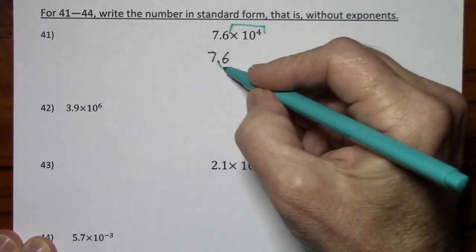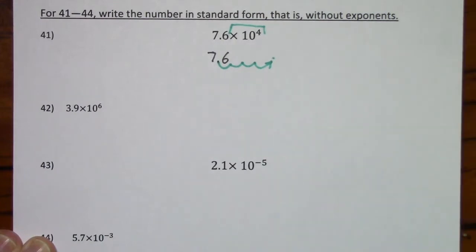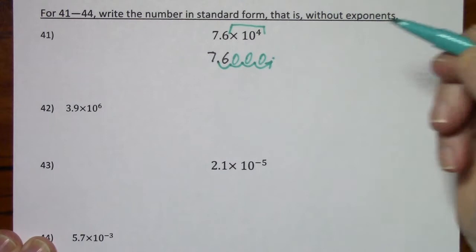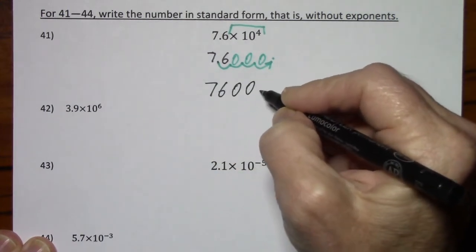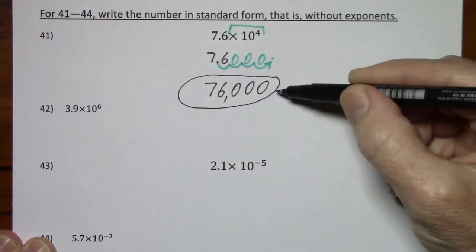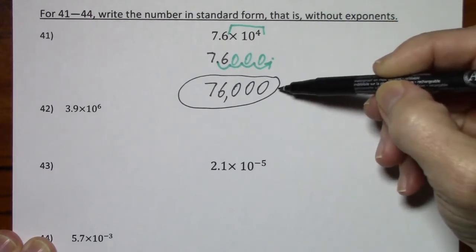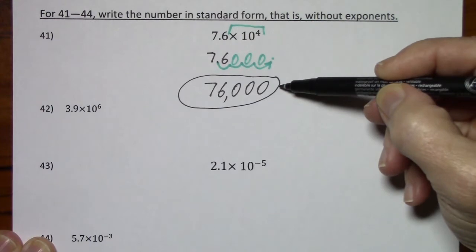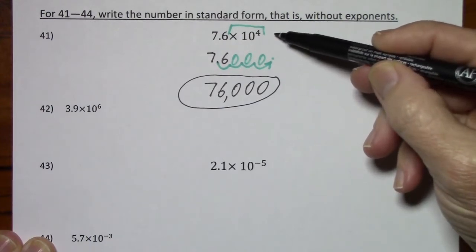So you move the decimal 4 places. You'll need zeros to hold these places. $76,000. Both of these refer to the same value. It's just that this is written in standard form. This is written in scientific notation.